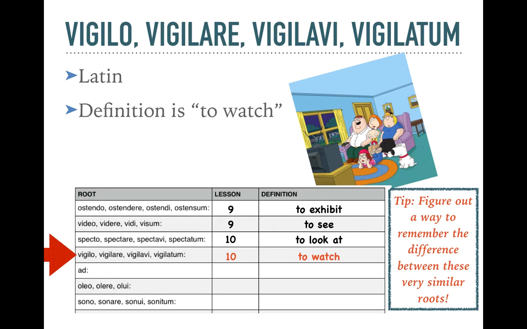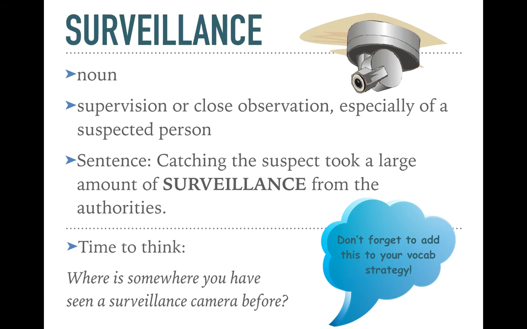We're going to move on to the first word that uses this root, which is surveillance, a word you've probably heard before. It's a noun and it means supervision or close observation, especially of a suspected person. So catching the suspect took a large amount of surveillance from the authorities, close supervision, watching.